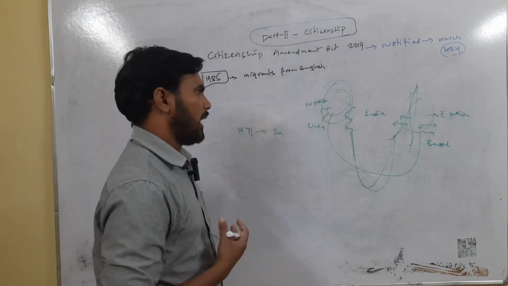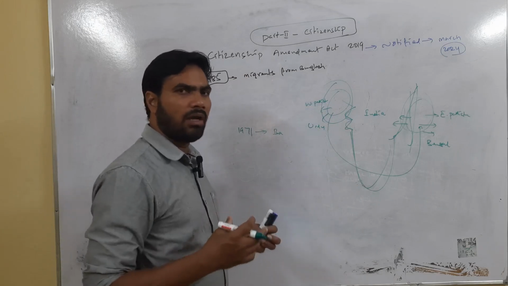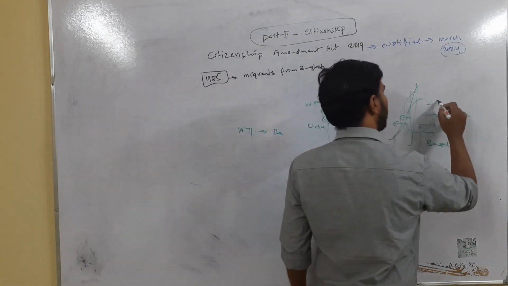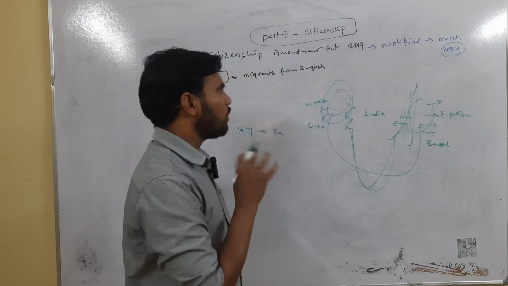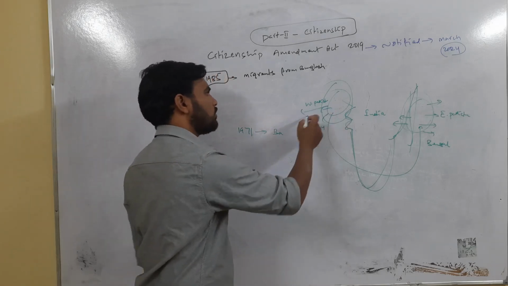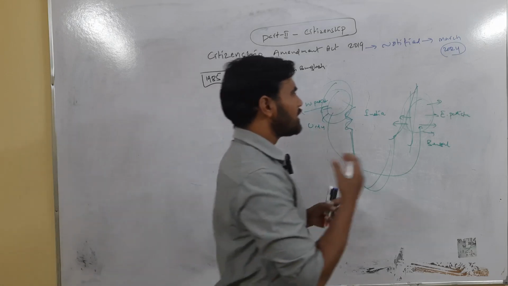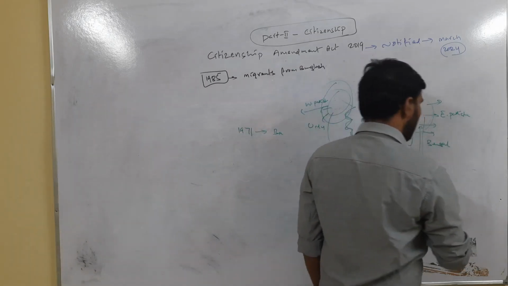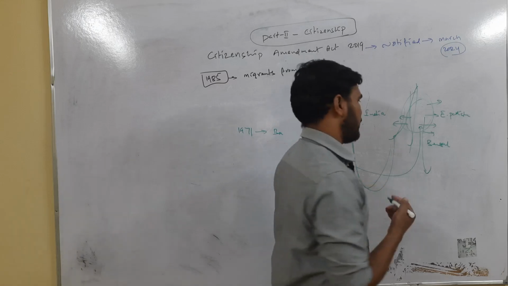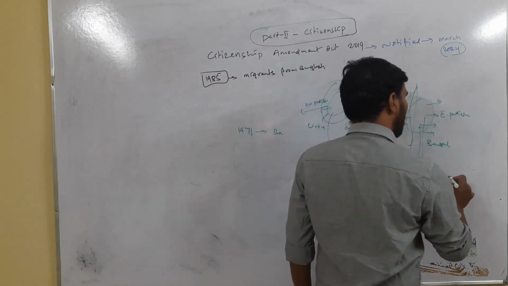Then there was also political rivalry. Political leaders here tried to have control over Pakistan, and political leaders there also tried to have control. In this scenario, a great leader emerged from East Pakistan: Sheikh Mujibur Rahman.